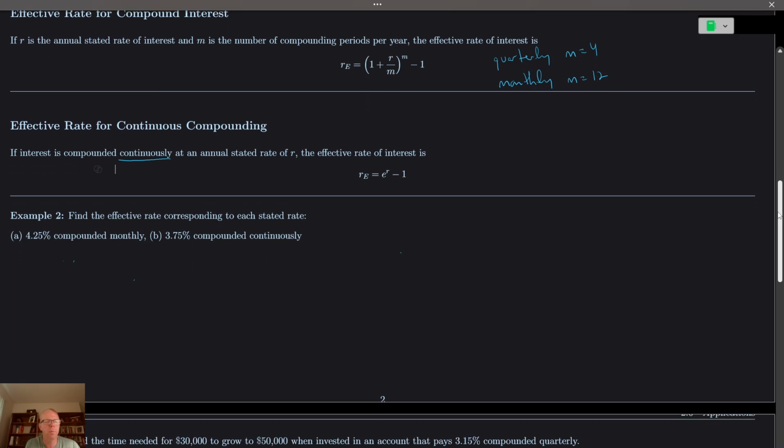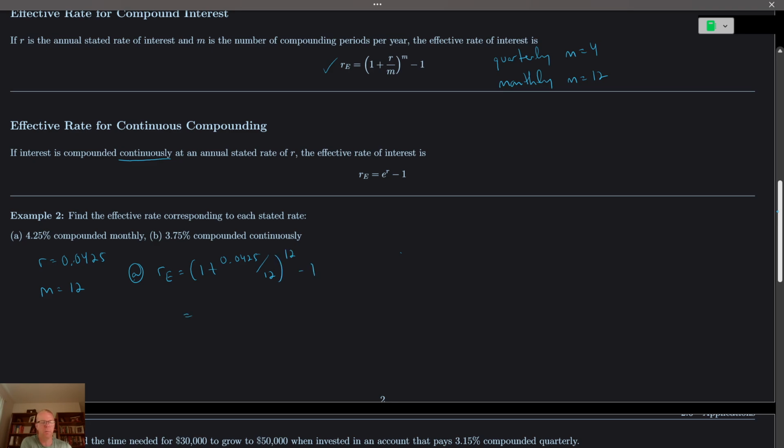So we have 4.25% compounded monthly. We need to find the effective rate, so we're just going to use this formula here. So R is 0.0425 and M is 12, since it's compounded monthly. So the effective rate is 1 plus 0.0425 over 12, raised to the 12th, minus 1.